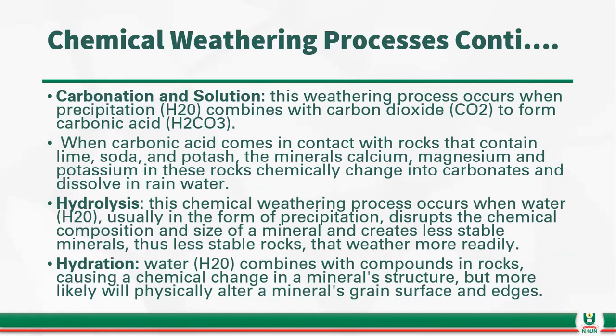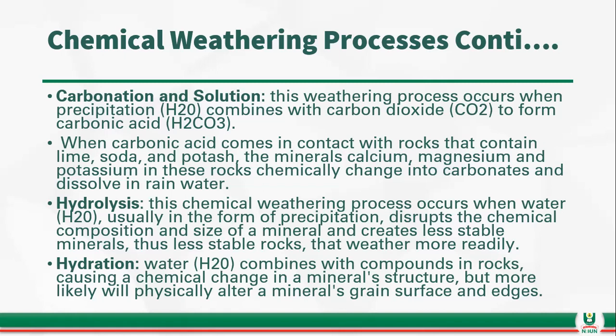So when carbon dioxide and water mix during rainfall and they are deposited on the surface of rocks, over time, because they are acid, even though we may say they are weak acid, they will begin to alter the chemical composition of these rocks, leading to breaking down.